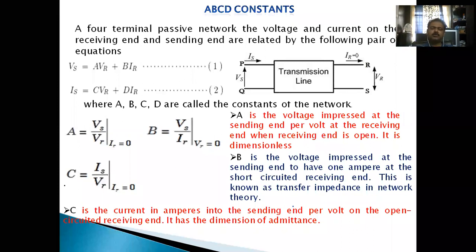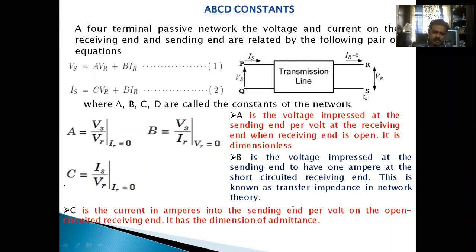So B is equal to Vs by IR, assuming IR is equal to unit ampere or 1 ampere. B is equal to Vs under short circuiting the receiving end. B is the voltage impressed at the sending end to have 1 ampere at the short circuit receiving end.